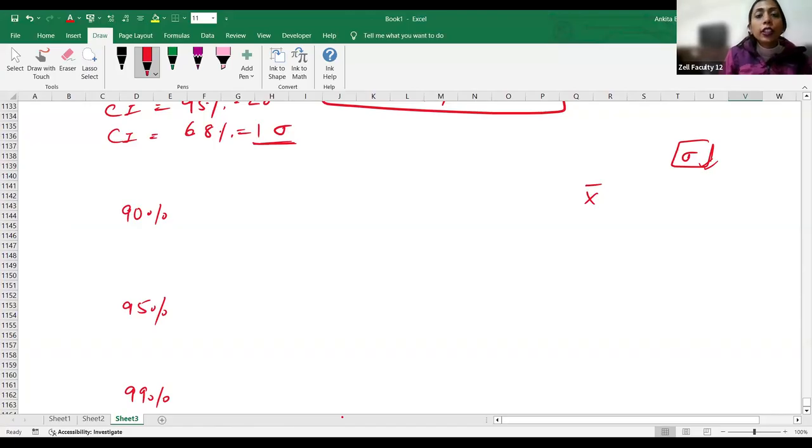If the standard deviation that you use is of the whole data set that you have, then this standard deviation is known as population standard deviation. But if you use the data only from a sample perspective, then the sample standard deviation is denoted using small s. So this is small s here and this is sigma.